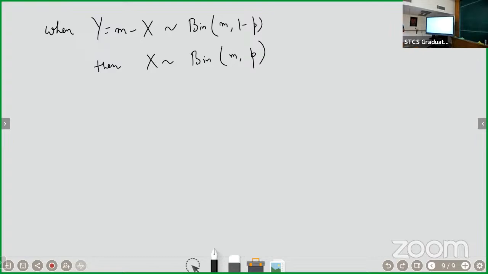M is a fixed number. So Y is M minus X, and is binomially distributed with M comma 1 minus p. Then X is nothing but binomial with M comma p. This you can prove. This is basically that. Fun exercise.